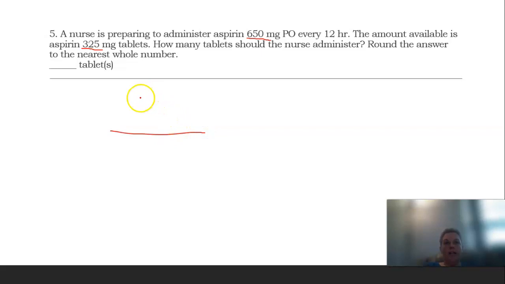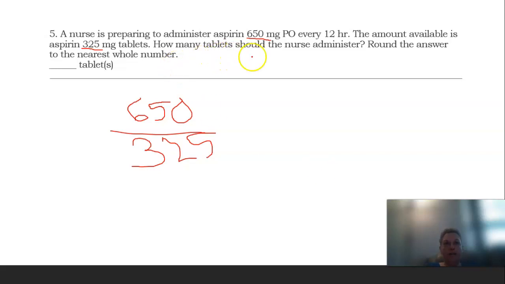So what do I desire to give? 650. And what do I have on hand? My 325s. Would equal 2 tabs.